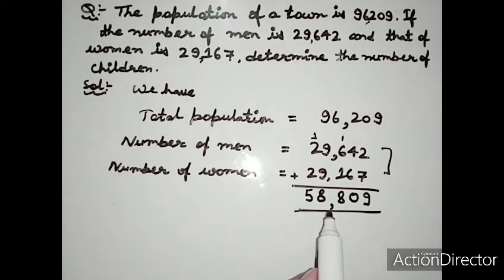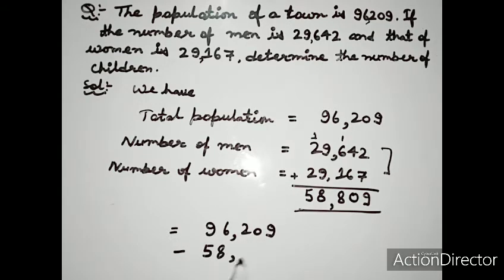Now here we subtract the total number of men and women from the total population, and then we find the total number of children. Now 96,209 minus 58,809. Now 9 minus 9 is 0, 0 minus 0 is 0.